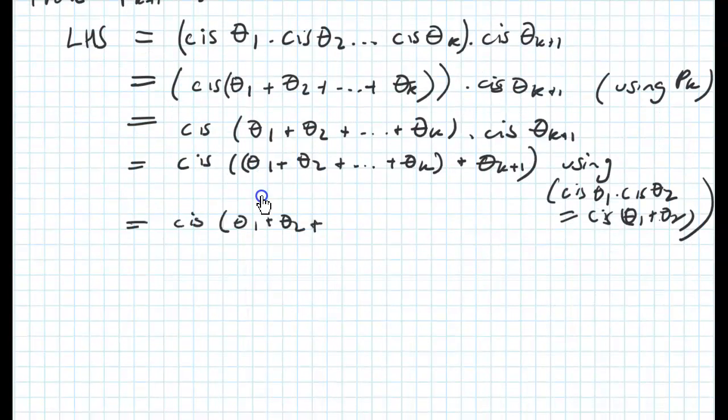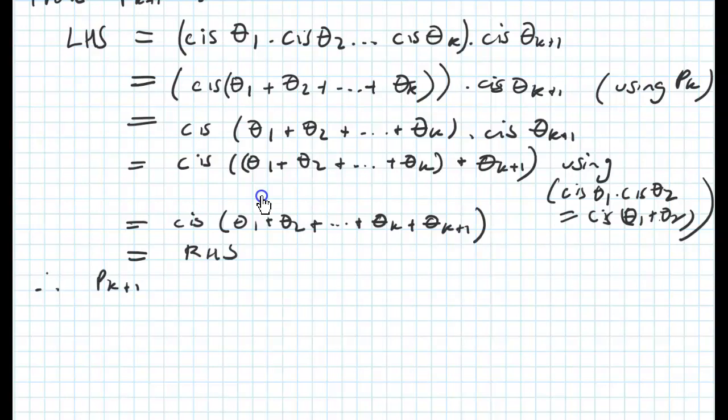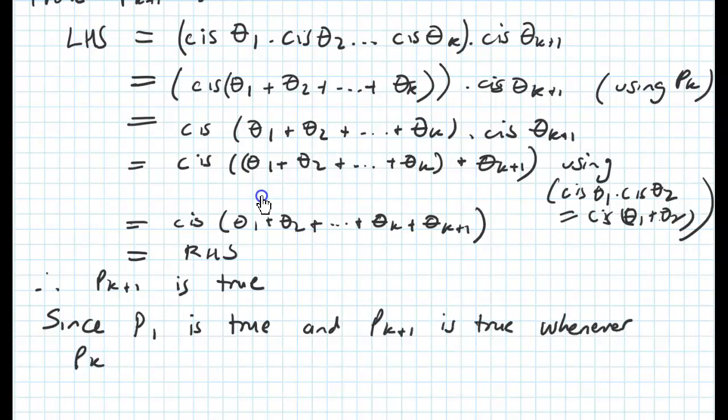And now just rewriting our addition, we see that that's cis of theta 1 up to theta k plus 1, which is equal to the right-hand side. So therefore Pk plus 1 is true. And then finally we wrap up with our inductive statement.